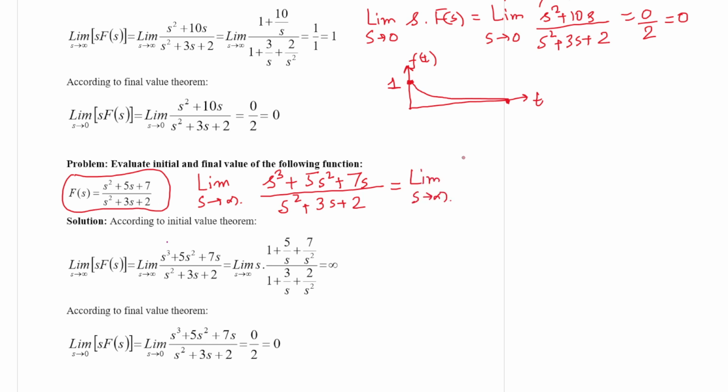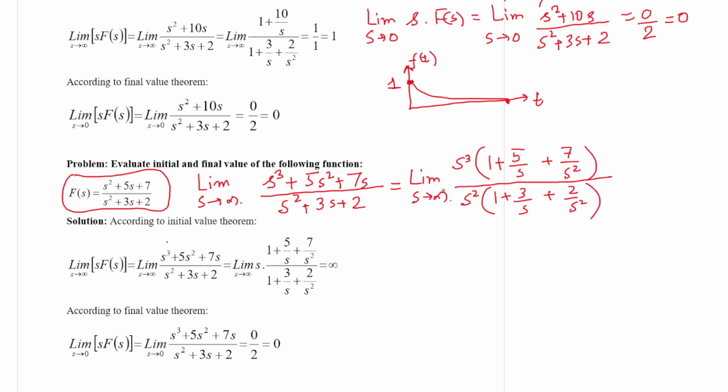From the numerator, if we take s cube common, it will be 1 plus 5 by s plus 7 by s square. In the denominator, if you take s square common, it will be 1 plus 3 by s plus 2 by s square.